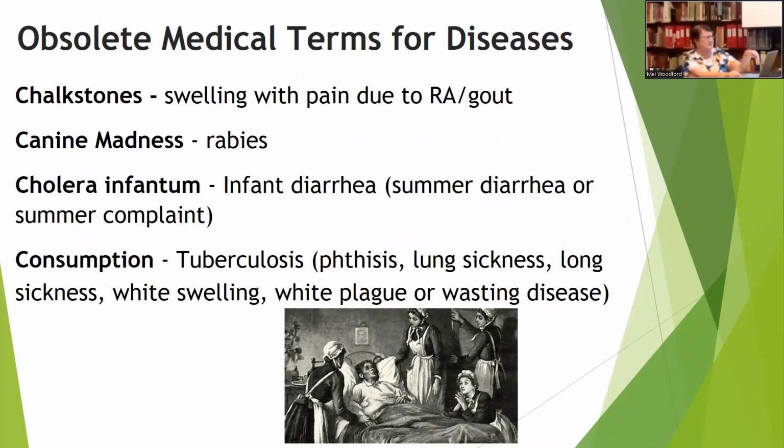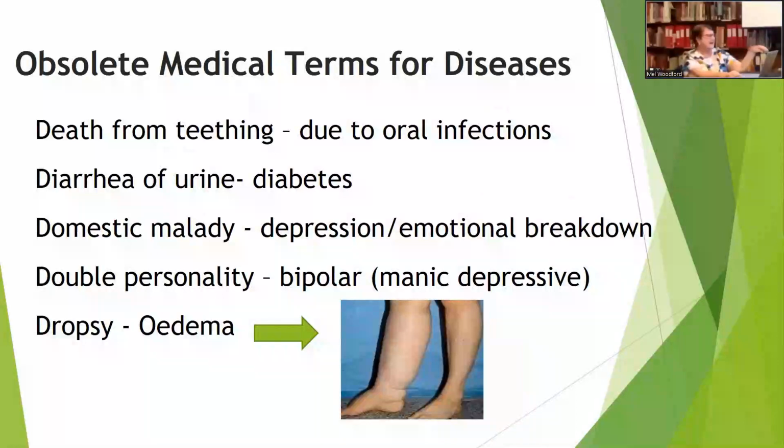It had lots of terms. And you can see this patient here is wasting away with consumption, surrounded by 4 female attendants. So I think you can see who the next ones were to come down with the consumption. Of course, it was the women, because they were doing the caring, and it's spread by droplets.